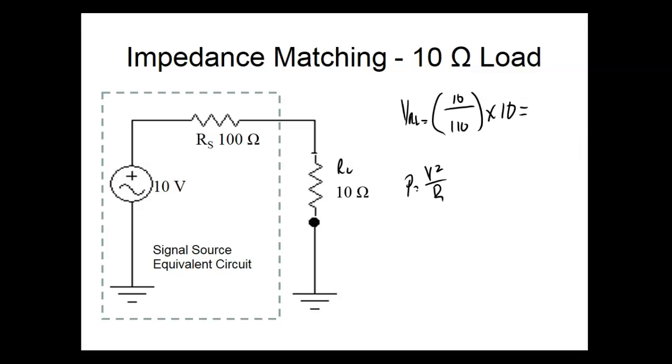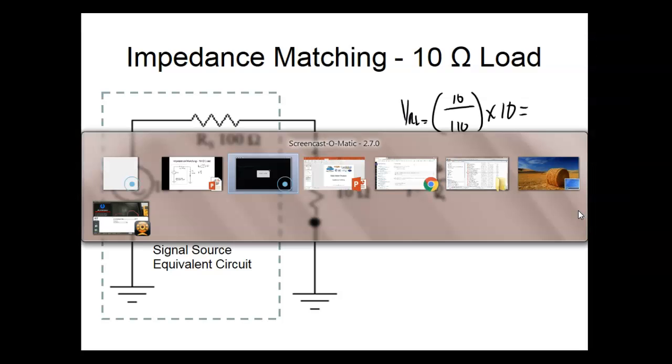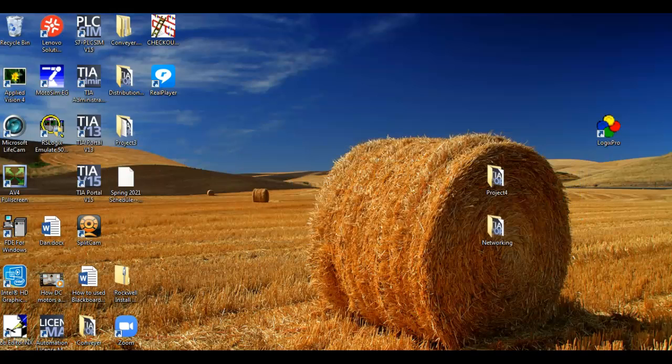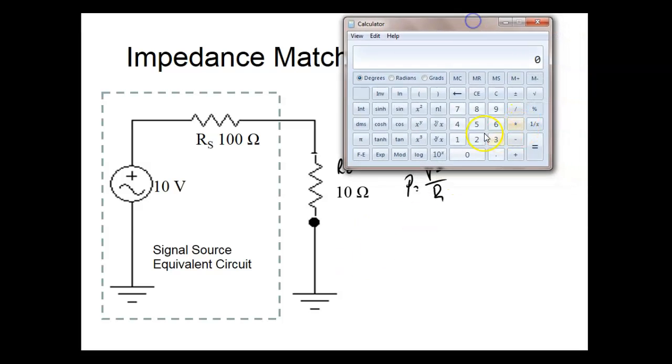You could go through your total resistance, divide it into 10 volts. But we can do this with one swap of our calculator. And anytime you can save calculations, that's always best, right? So on my calculator, I would come up here and I would say 10 divided by 110.